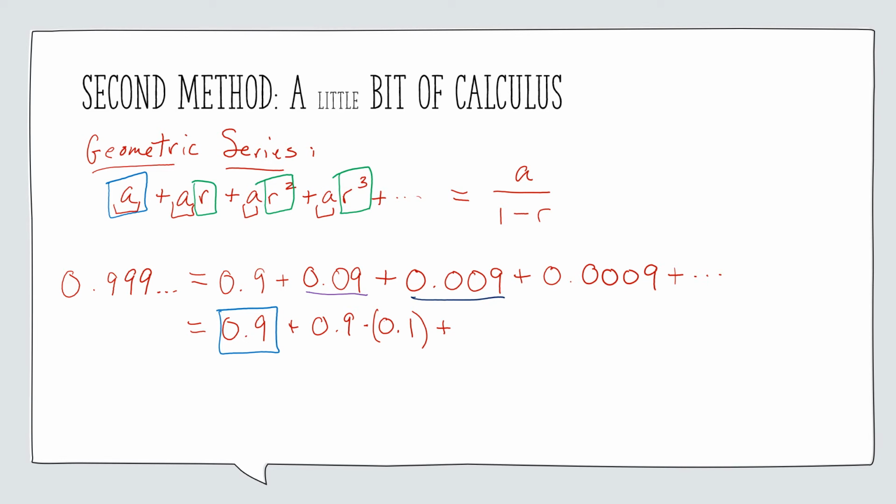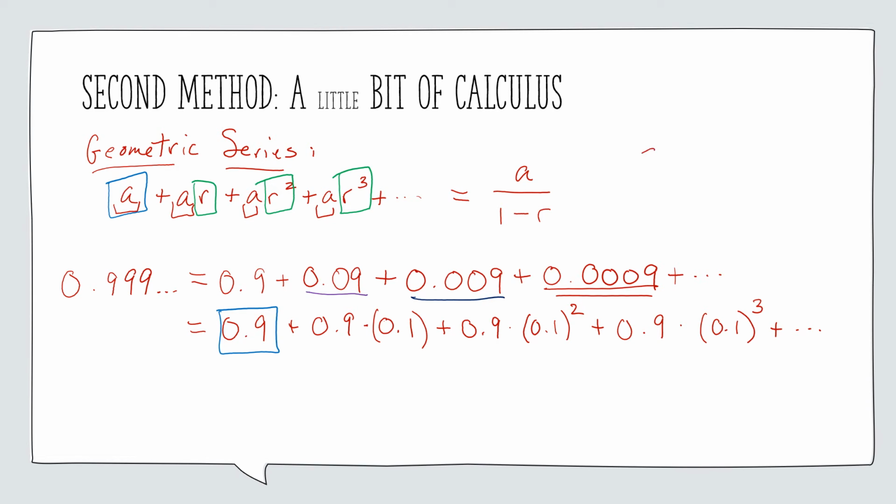And then 0.009 can be thought of as 0.9 times 0.1 squared. And as you maybe can guess, 0.0009 can be thought of as 0.9 times 0.1 cubed. And this pattern actually repeats.